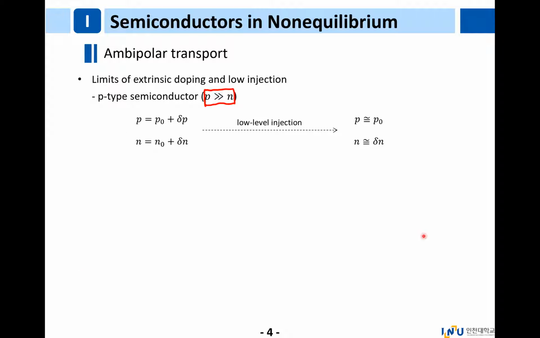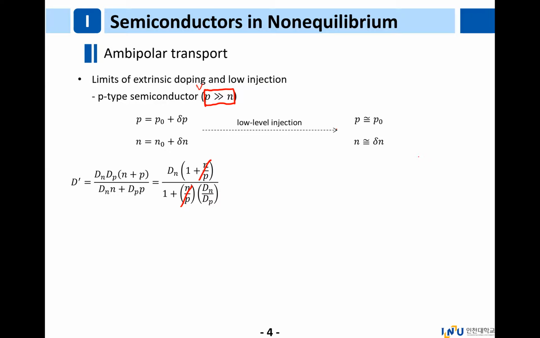So using these conditions, let's approximate D prime and mu prime once again. Starting with the expression for D prime, when we simplify it, these terms disappear because P is much greater than N, right?